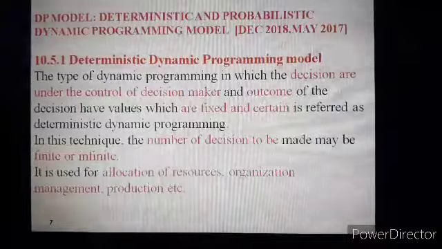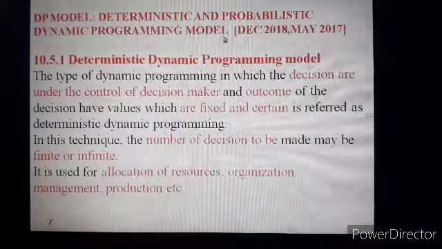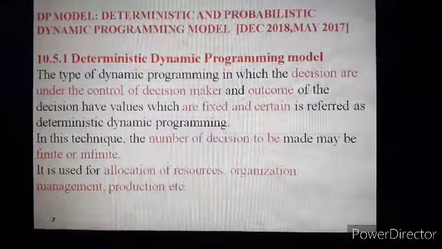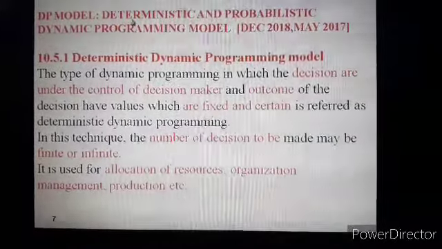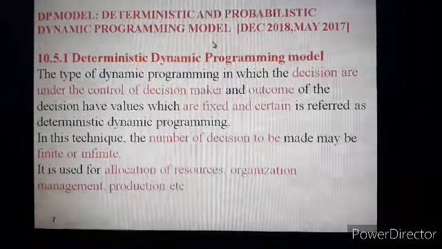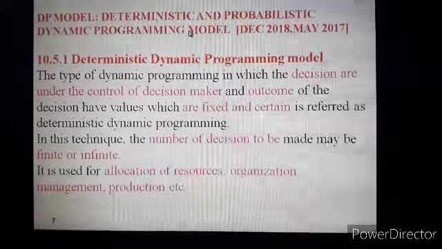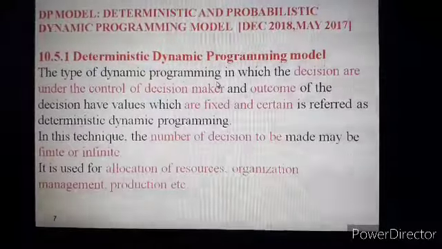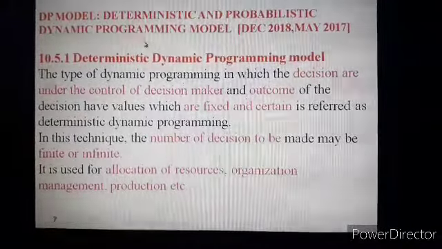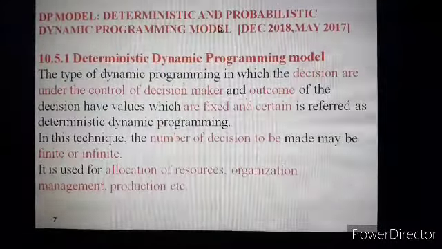Then let us discuss the models of dynamic programming. As discussed in previous slides, we classify these models into 2 categories: deterministic models and probabilistic models. For our undergraduate study we have only deterministic models, and for higher studies, mostly post-graduation study, we have probabilistic models. What are the deterministic models?